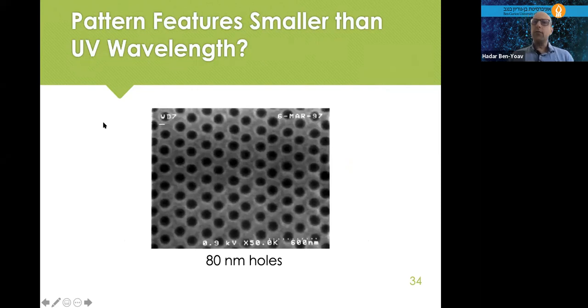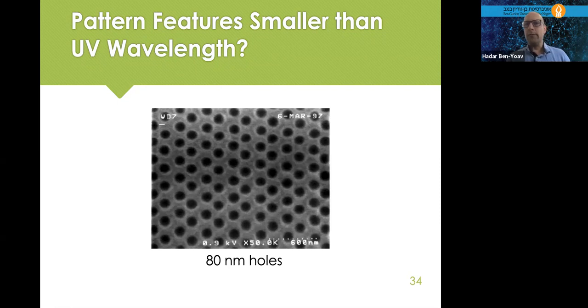Eventually, when we shine the light, we are bounded by the wavelength of the light. Specifically, the most used one is ultraviolet, UV.